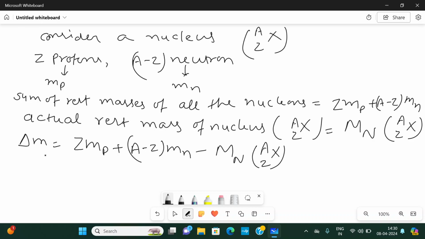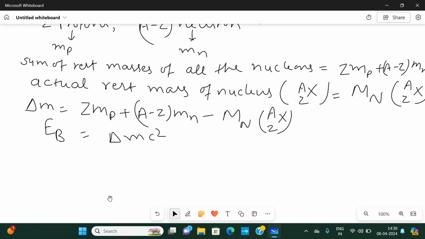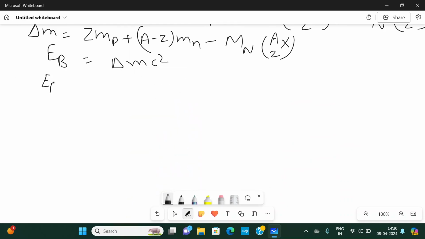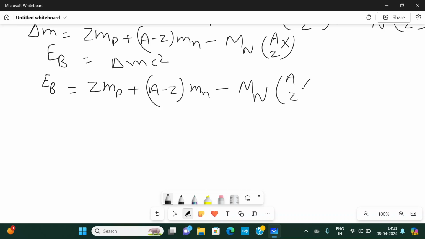This is the mass defect. Then binding energy will be delta m c square. Putting the value of delta m from here, Z mp plus A minus Z times mass of neutron minus nuclear mass of this element, into c square. This is the expression of binding energy in terms of nuclear mass.